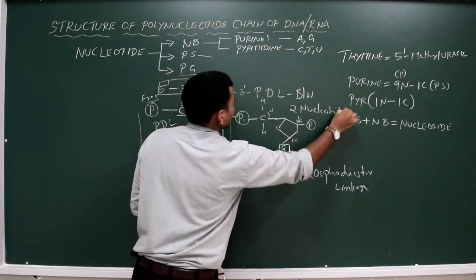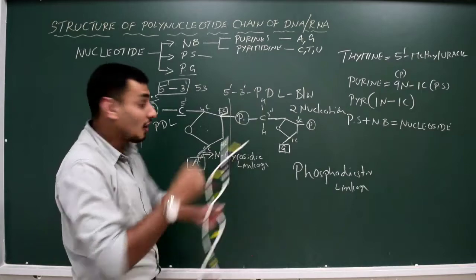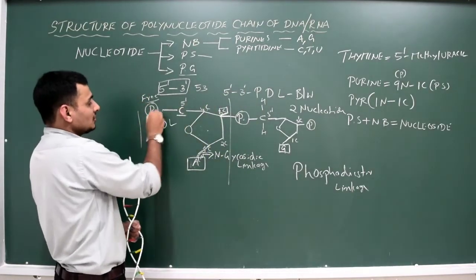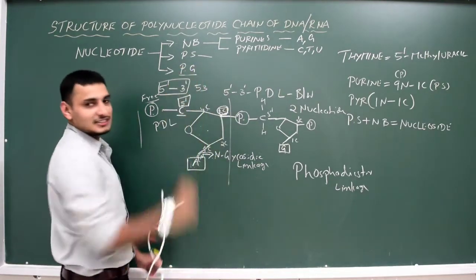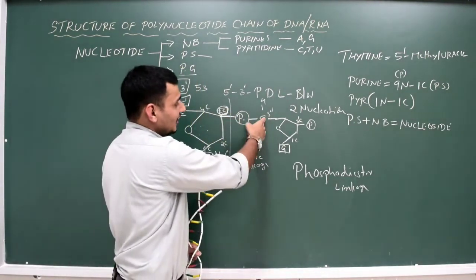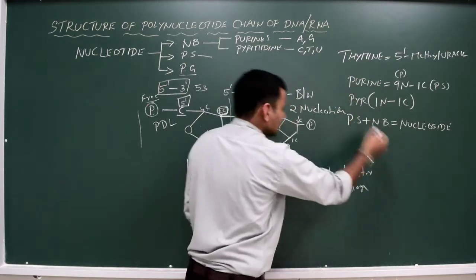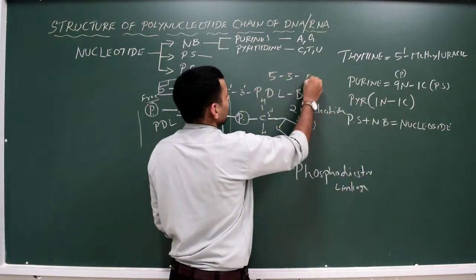That's it, simple, very easy, right? Why do you have to mention 5' to 3'? Because one phosphate is attached to the 5', whereas the other phosphate is attached to the 3'. So it goes like that, again 5', 3', 5', 3'.